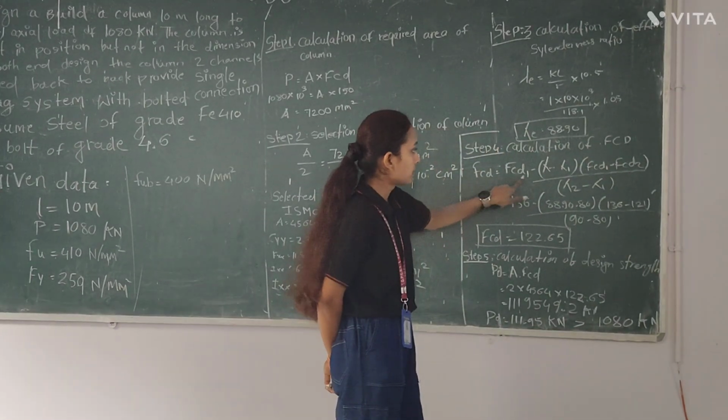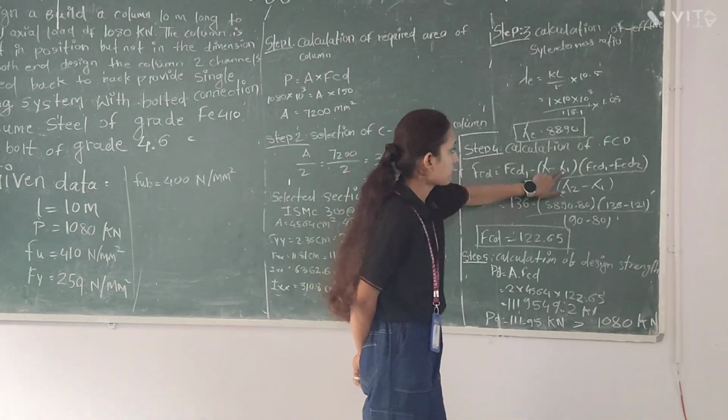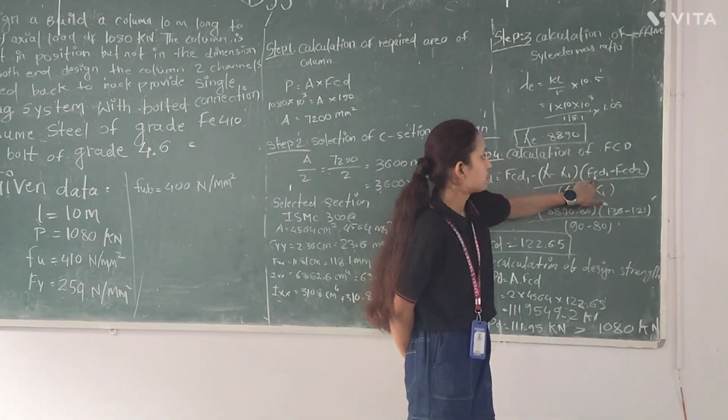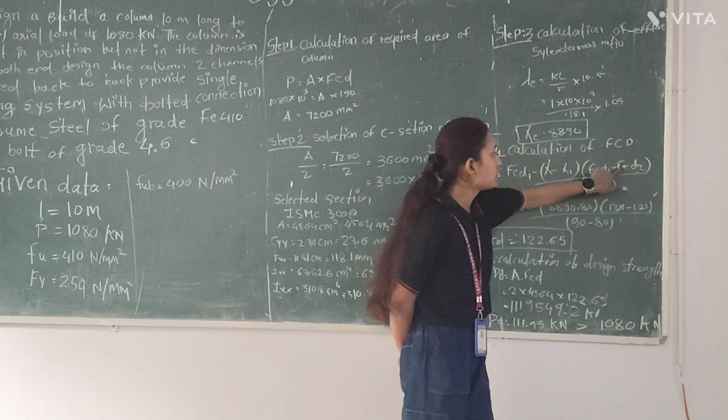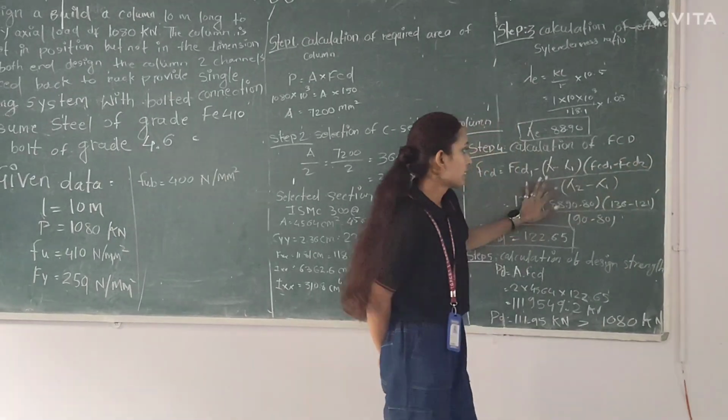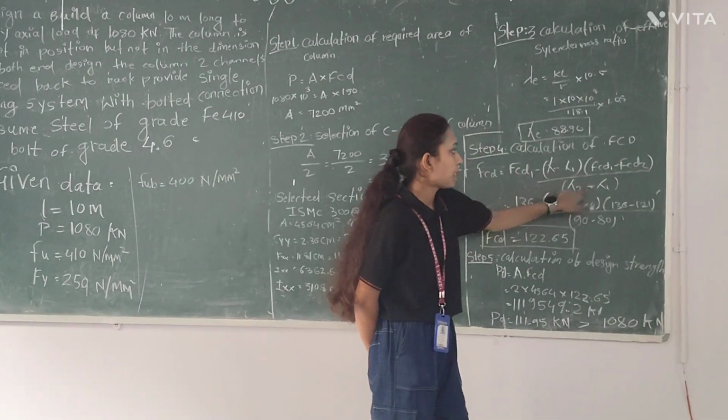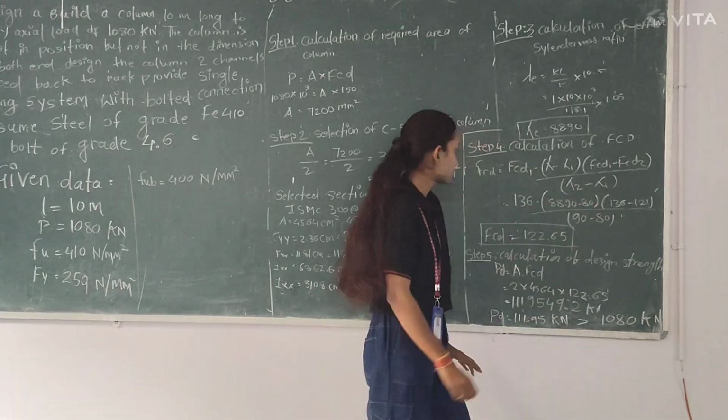Step 4. Calculation of FCD. FCD is equal to FCD1 minus lambda 1 bracket close, in bracket FCD1 minus FCD2 bracket close, upon in bracket lambda 2 minus lambda 1 bracket close.